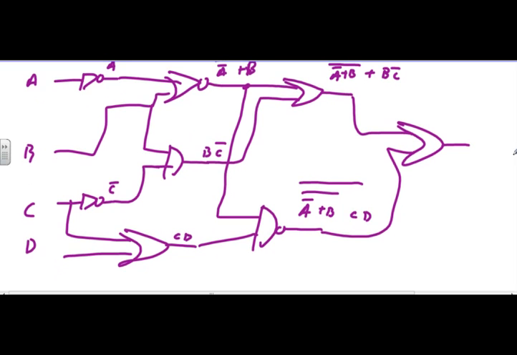Okay, so now I'm gonna write it down, and I got A naught or B knotted, or BC knotted, or A naught or B knotted, CD knotted.